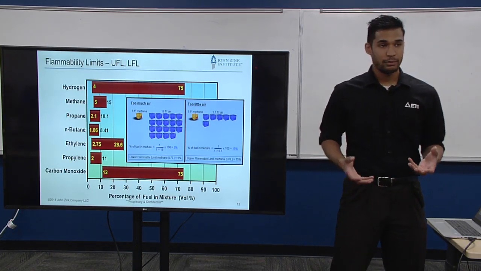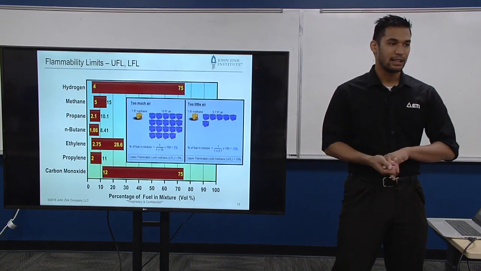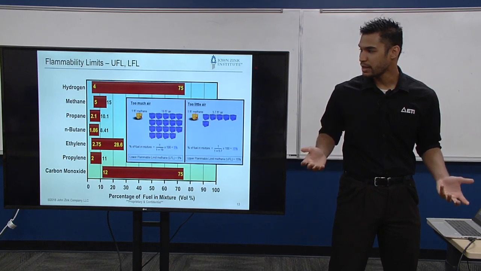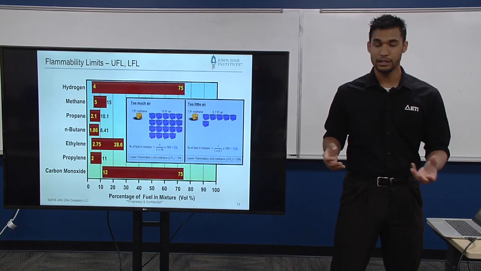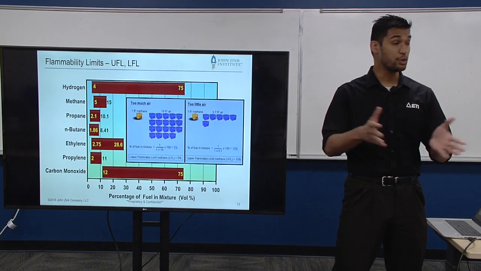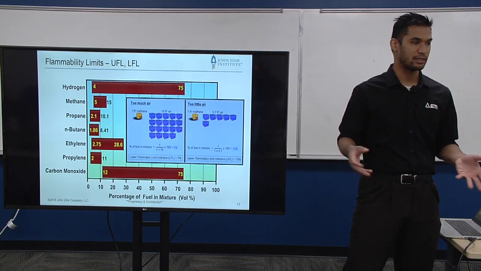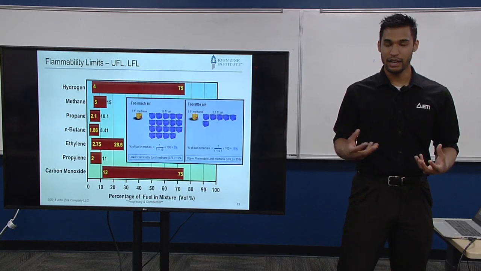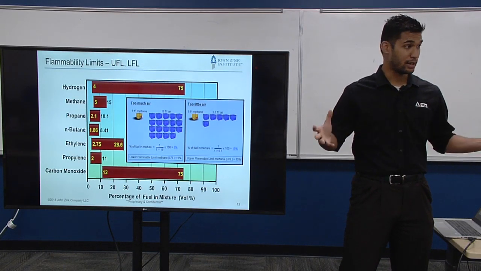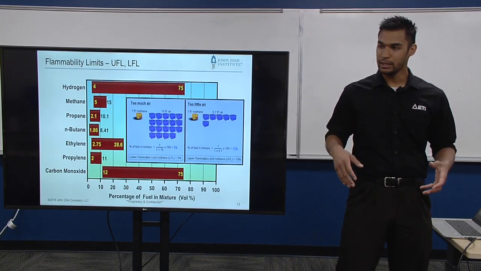The upper flammability limit is the upper range of the fuel-air ratio at which it'll burn. If you use too much fuel, the mixture is not flammable. If you have too little fuel and too much air, conversely, you also won't burn.